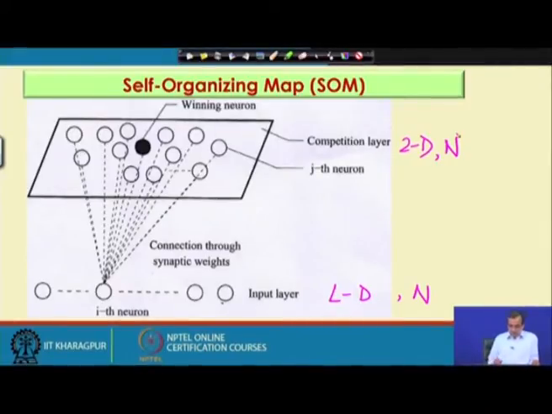Supposing that out of these capital N data points lying on the input layer, I am concentrating on a particular data point, that is the ith data point. The ith data point is represented with the help of the ith neuron, and neuron, we know, in the biological nervous system is nothing but the unit of the biological nervous system.